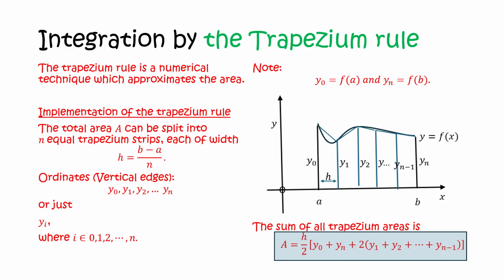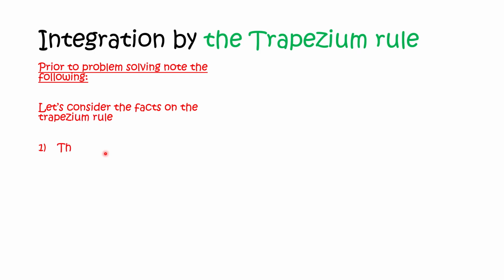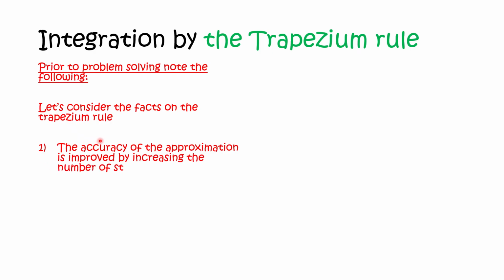Right, so prior to problem solving, note the following. Let's consider the facts on the trapezium rule. The first thing has to do with the accuracy. The accuracy of the approximation is improved by increasing the number of strips or the trapezia.